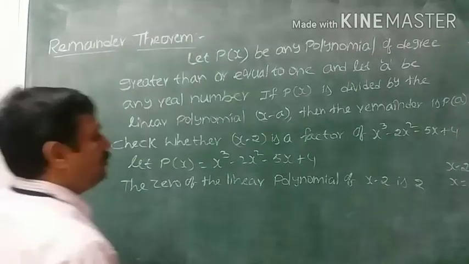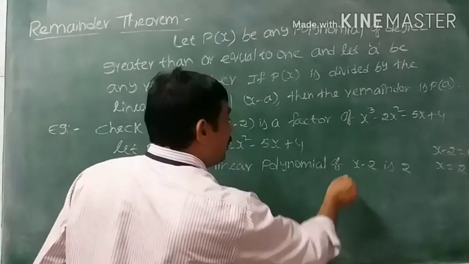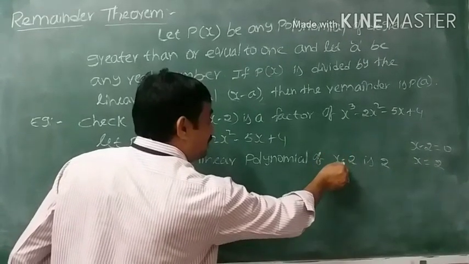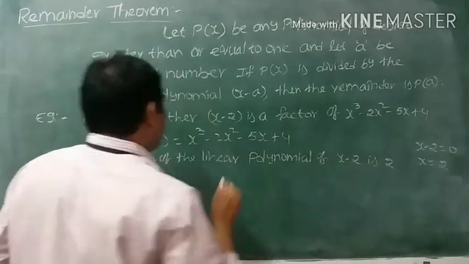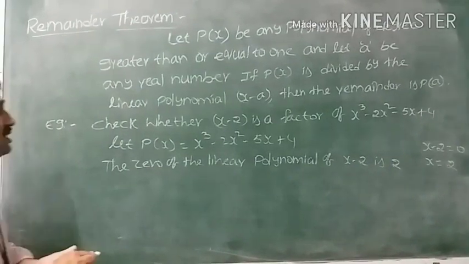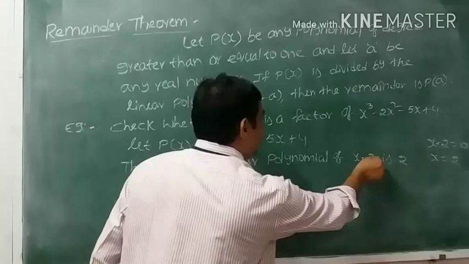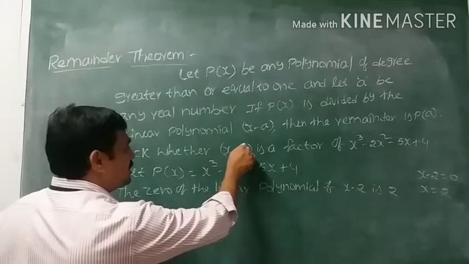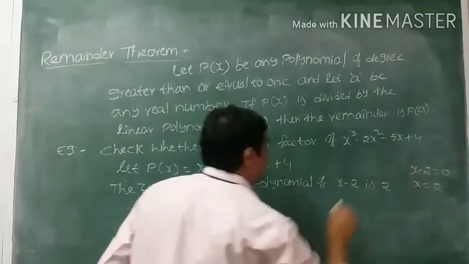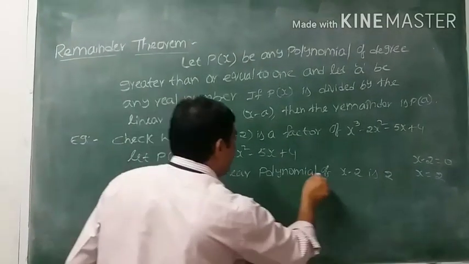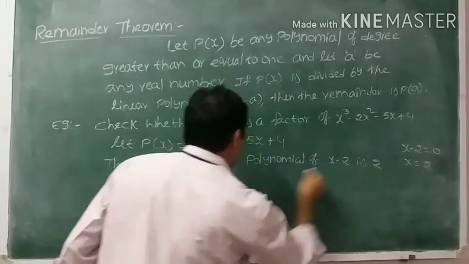Here, how can you say it is a linear polynomial? I told you before, here there is no power, which means 1. The first degree is nothing but a linear polynomial. So for each and everything we have to write like this. Suppose x plus 1 is there, then you will get minus 1. So same like that only. The zero of the linear polynomial x minus 2 is 2.